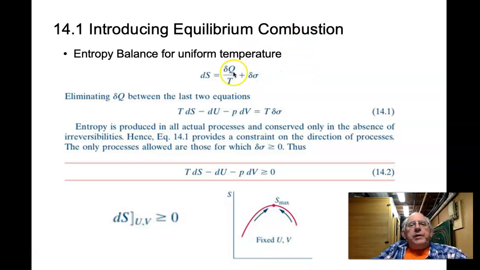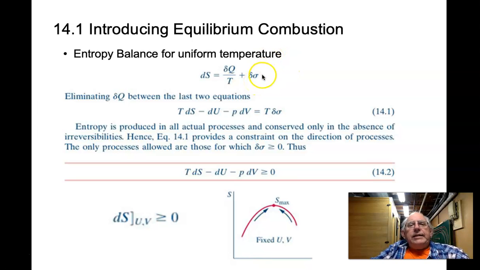And so our entropy balance equation basically told us that in the absence of any irreversibility, the amount of entropy change was directly related to the heat transfer divided by the temperature that the heat transfer is occurring at the boundary itself. And so, in order to account for any irreversibility in our balance, we'll keep this delta sigma term in.